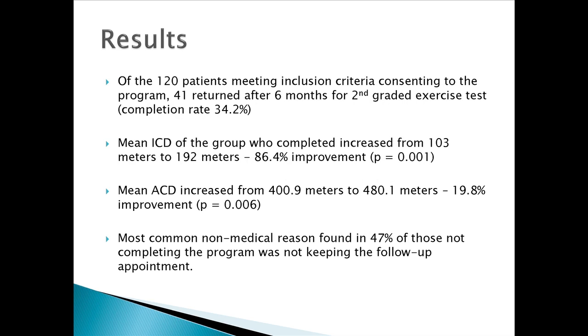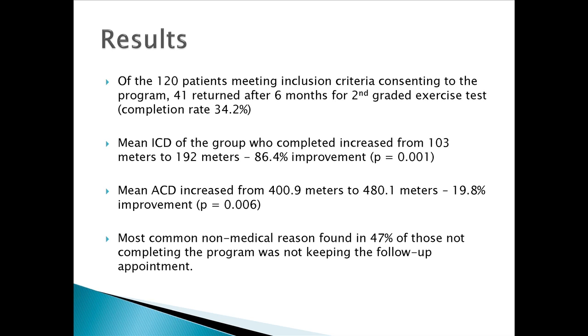The results showed that of the 120 patients meeting inclusion criteria and consenting to the program, 41 returned after 6 months for the second graded exercise test. This was a dismal completion rate of 34.2%.